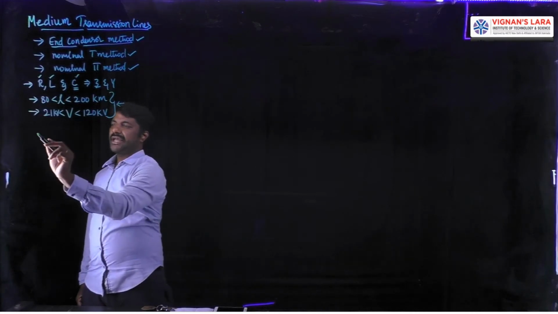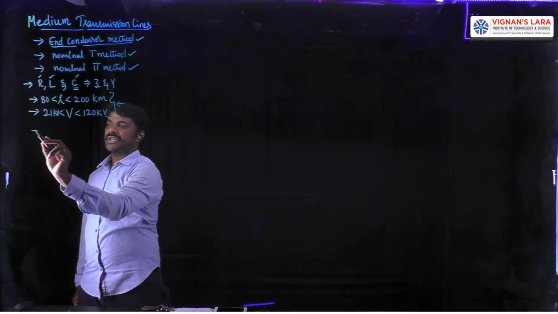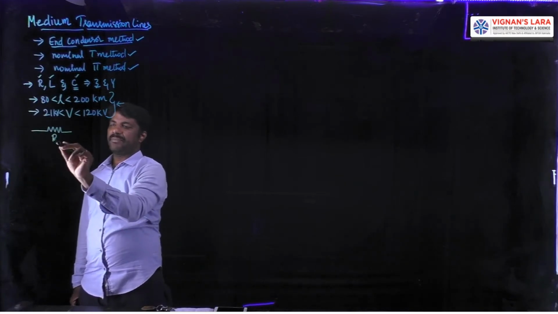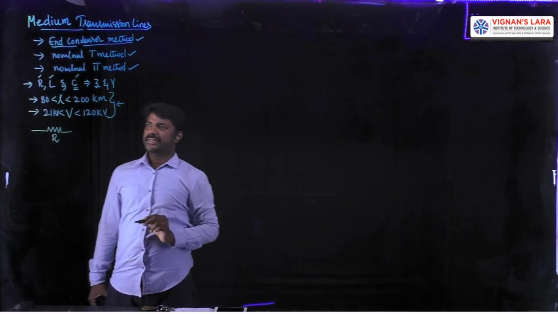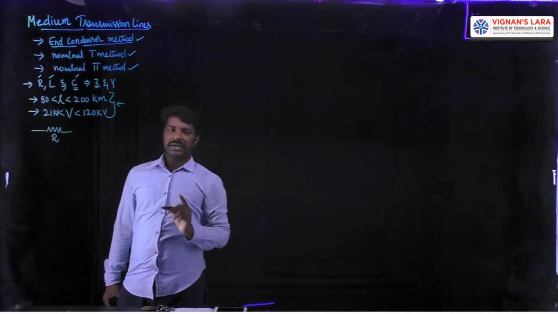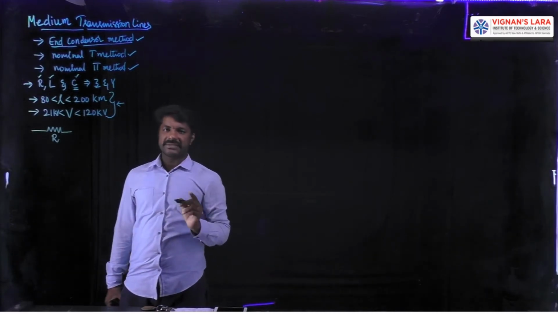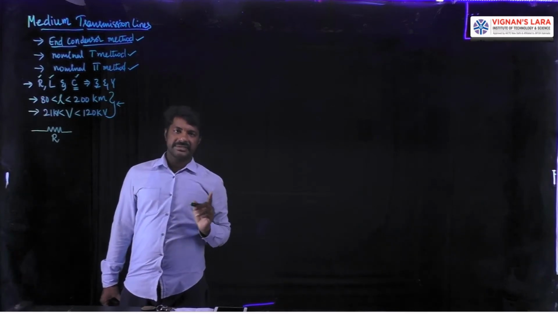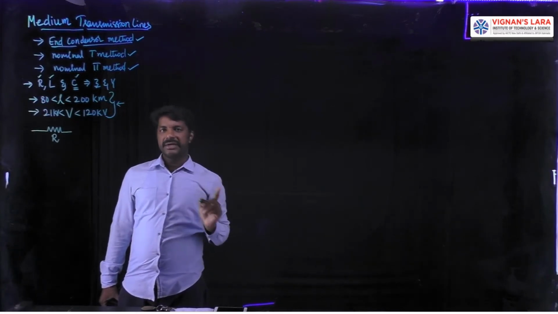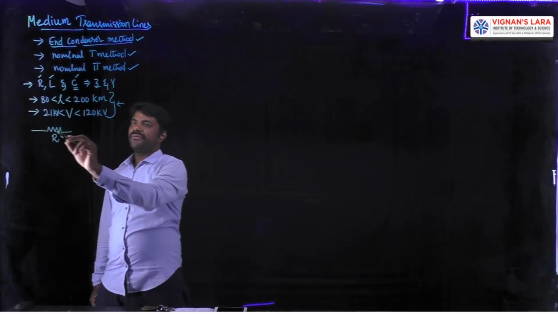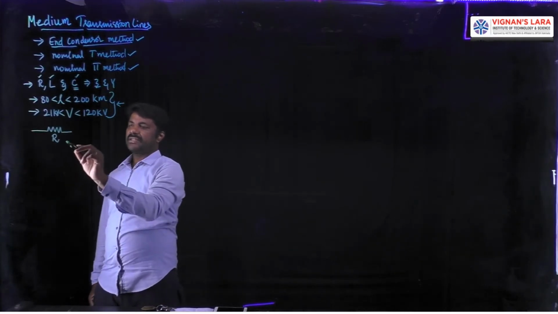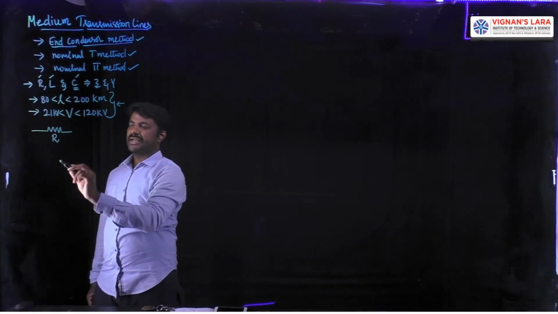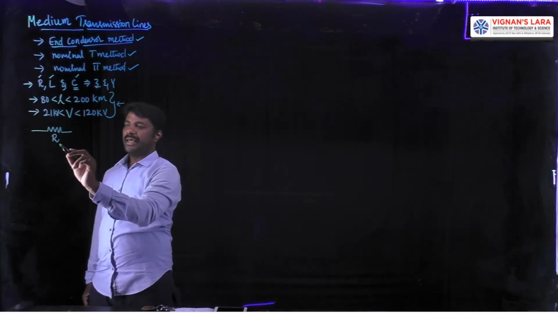The circuit diagram for this end condenser method looks like this, which consists of a resistance with a lumped element. As we discussed in the previous class, the short and medium transmission lines are represented with lumped elements, whereas the long transmission line is represented with distributed elements. That is why for the entire transmission line, whatever resistance is available is shown as a single element concentrated at one point, called a lumped value.